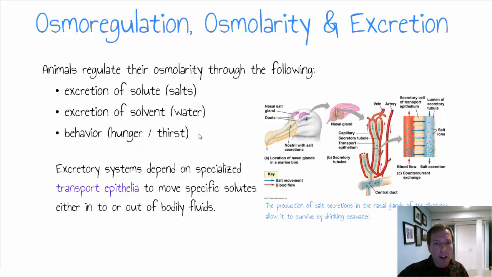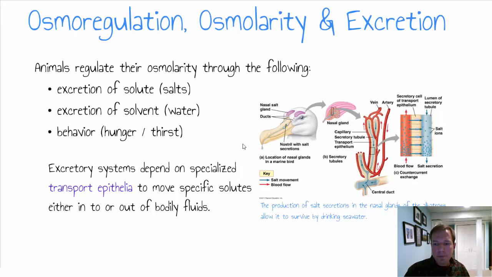So behavior, producing hunger, particularly a hunger for salt, or more commonly, producing thirst, so that the behavioral response will be to take in more water as a way to balance out in a case when water is deficient. All animals are going to have a very specialized system of tubules that are going to move materials either into or out of the blood.